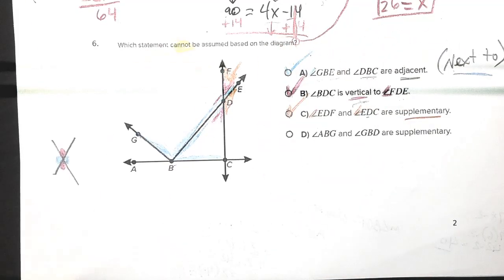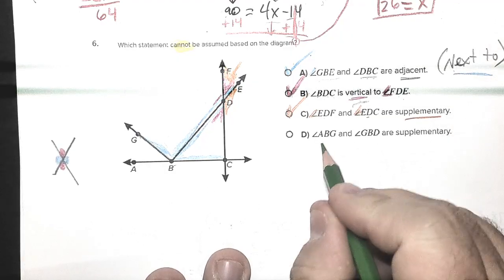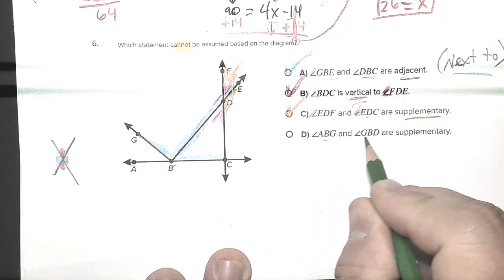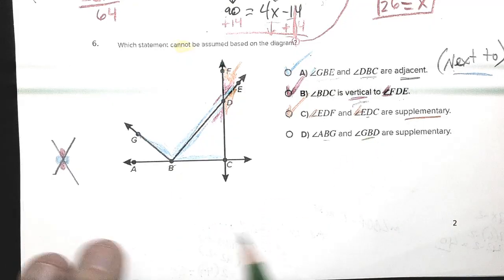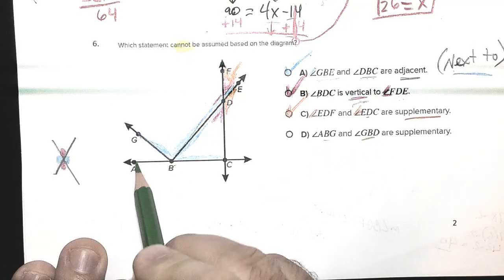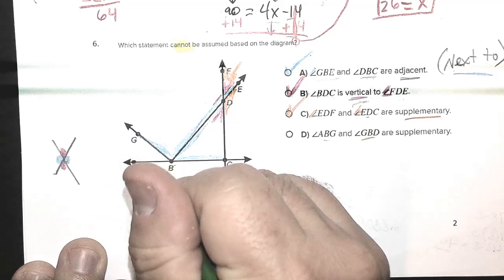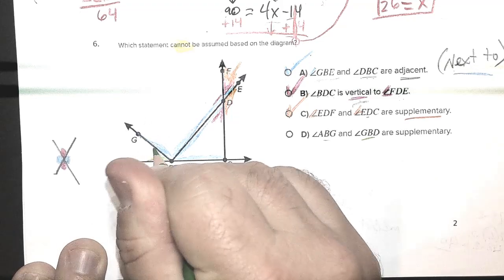Okay, and lastly, let's use green. All right, so ABG and GBD. So again, over here at B. So ABG, right here.